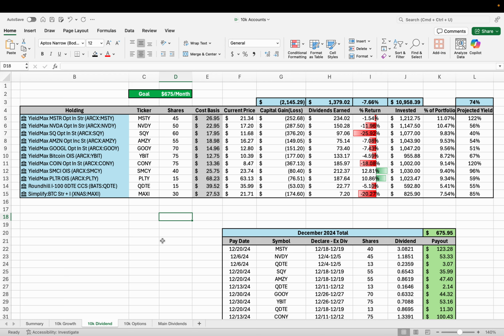So let's take a look at the $10,000 dividend account. If you did watch last night's video, you know that this account was almost 11% in the negative for total return.